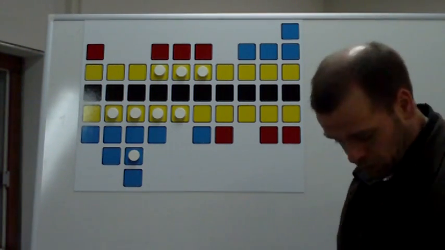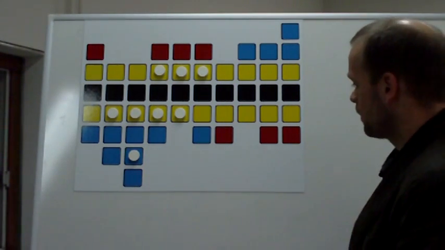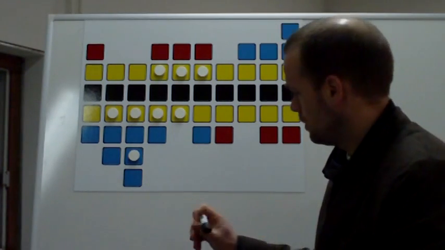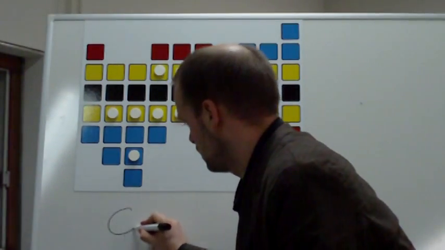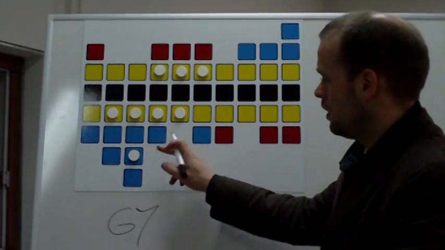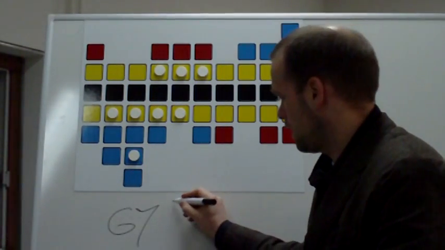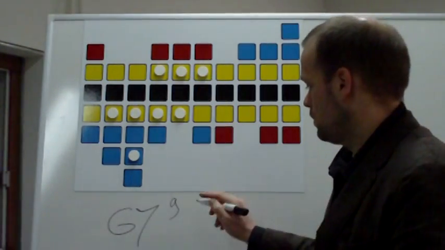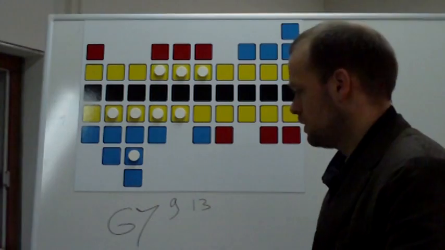So if, for example, you have a G7 chord, then if this note is also played, you get a 9. And if this one is played too, you get a 13 added to it.